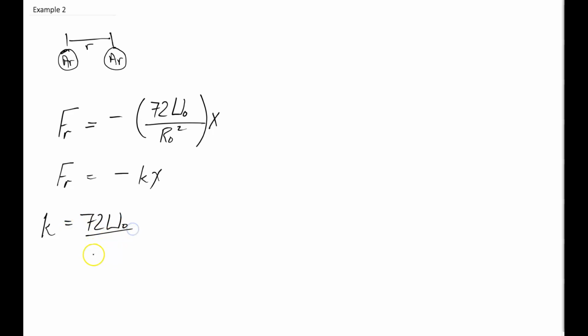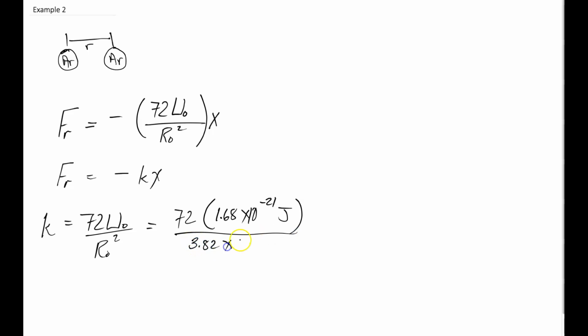So this is 72 times 1.68 times 10 to the negative 21 joules over 3.82 times 10 to the negative 10 meters.